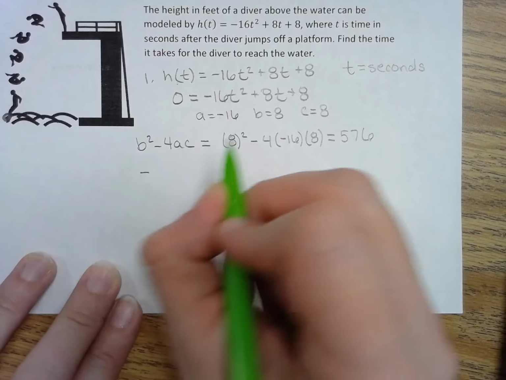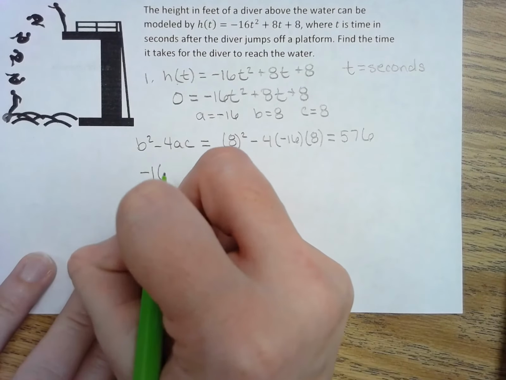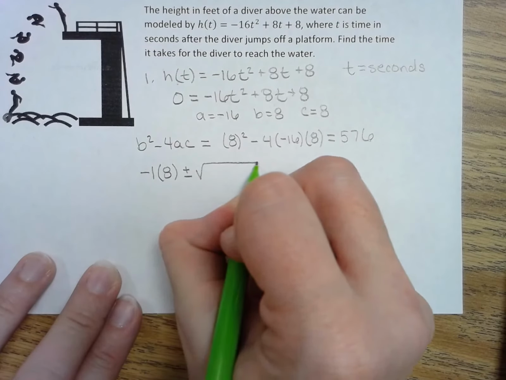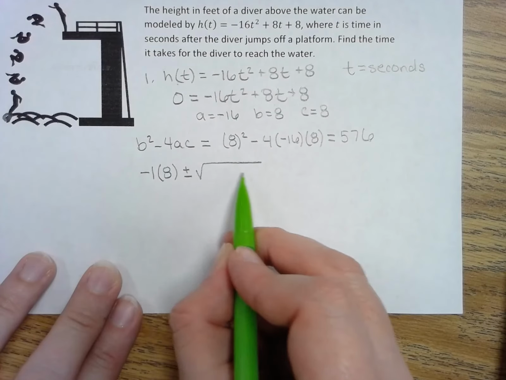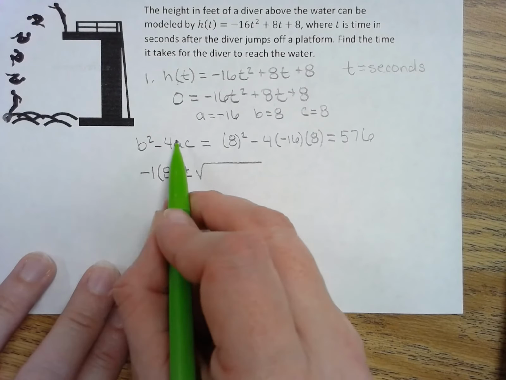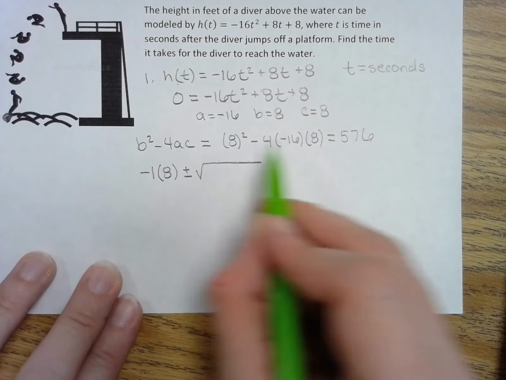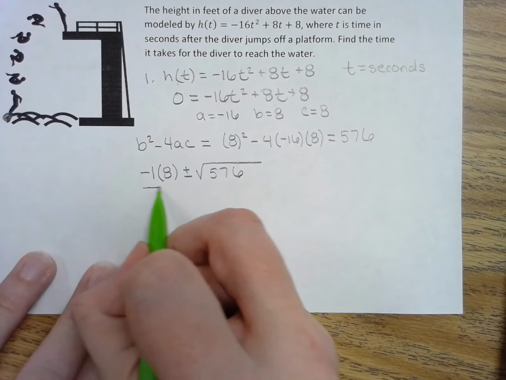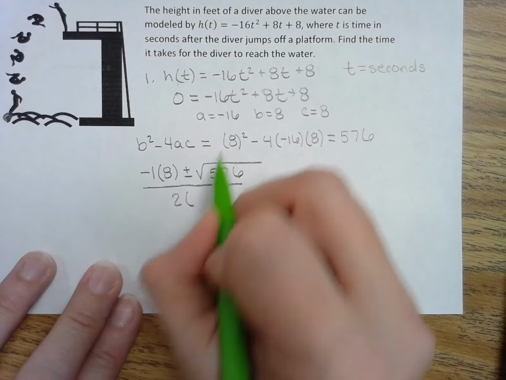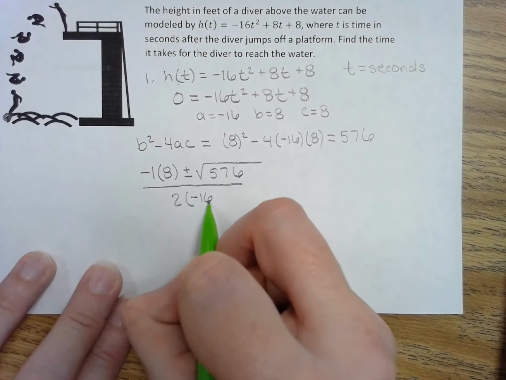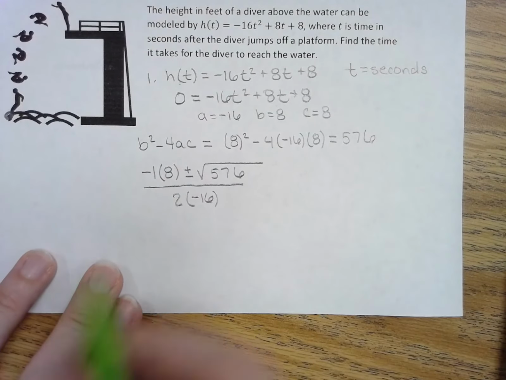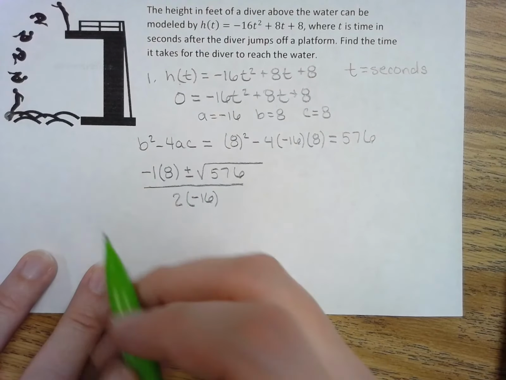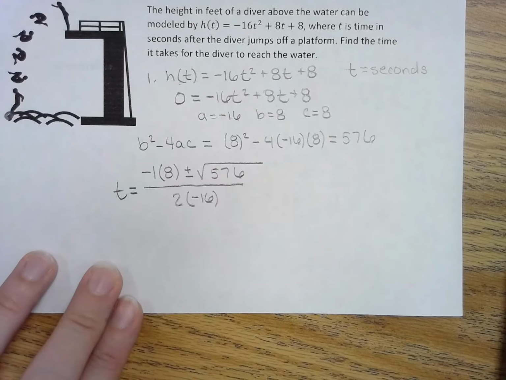So it's negative b, so do negative 1 times b, plus or minus the square root of b squared minus 4ac is what goes inside. Well, we just calculated the discriminant to be 576. So all of that is over 2a, and our a is negative 16. This typically would equal x. However, our variable is t in this case.